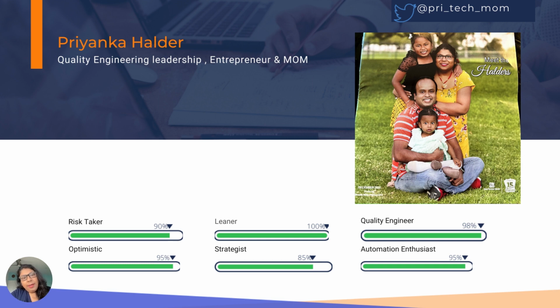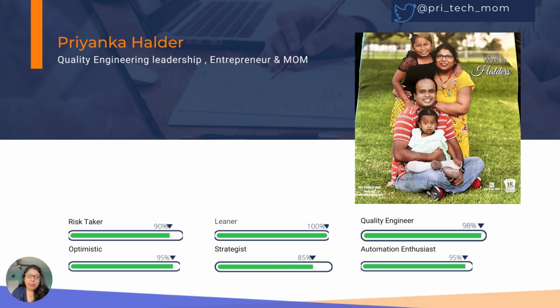I consult with them and I design their quality engineering practices, their automation suite, and also help them work within their budget to get the best ROI and match them with offshore partners. I'm also mom of two beautiful girls, Arya and Adrika, 7 and almost 2 years old. Pretty automation enthusiastic, and you will hear me talk about automation testing, visual validation, strategies, and leadership in a lot of conferences.